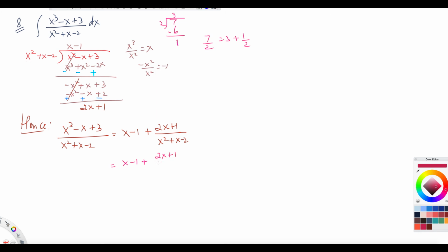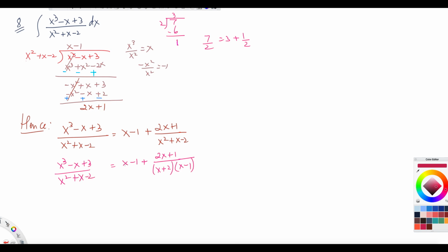What are the factors? We need two numbers whose sum is positive 1 and product is negative 2, so that will be plus 2 and minus 1. So that's the factor, right? That's what x cubed minus x plus 3 over x squared plus x minus 2 becomes.